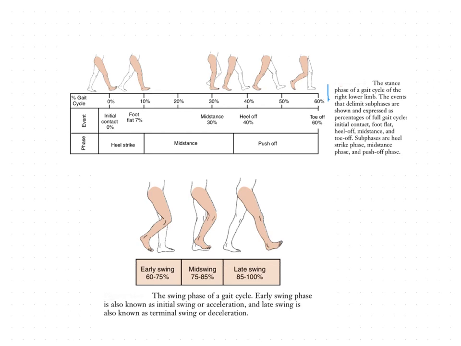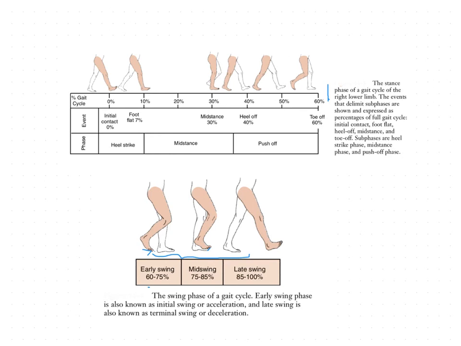Then in the swing phase, from 60 to 75% we get the early swing or initial swing, which we can also call the acceleration point, and then this one is mid swing phase.